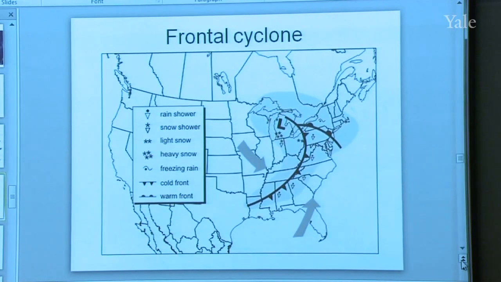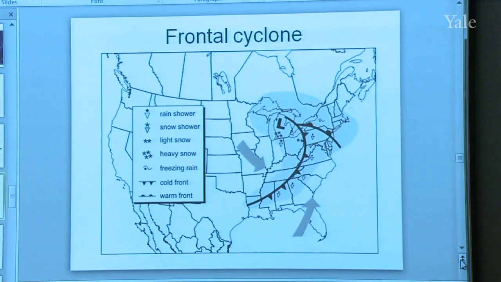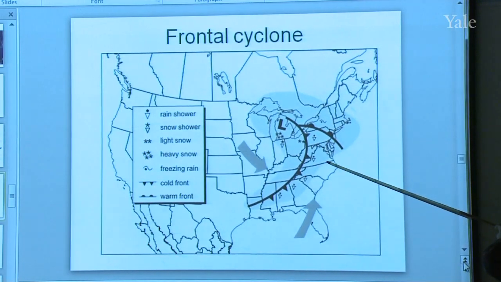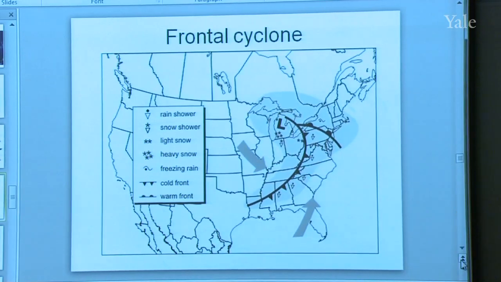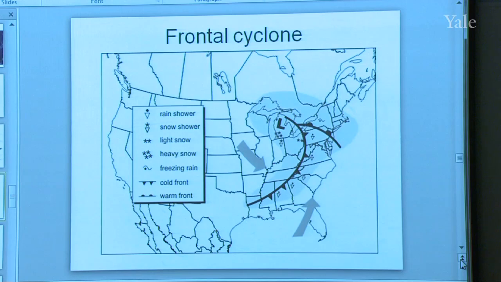Notice also that this meets the criteria that I laid out a day or two ago about needing to transport heat northwards. So here's northward moving warm air, southward moving cold air. Probably the same amount of air altogether is moving, but there's a net transport of heat.